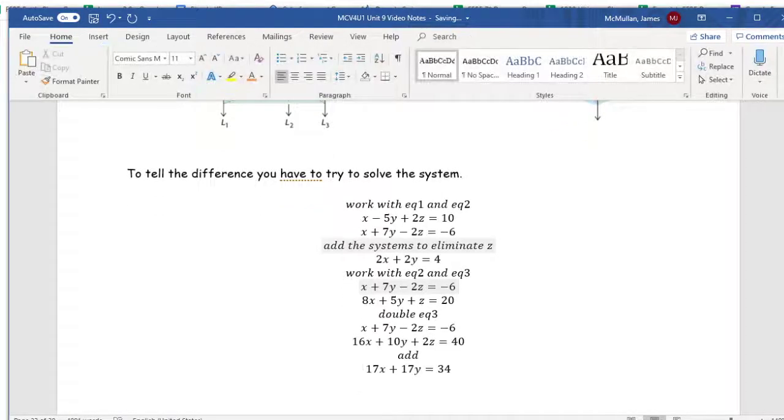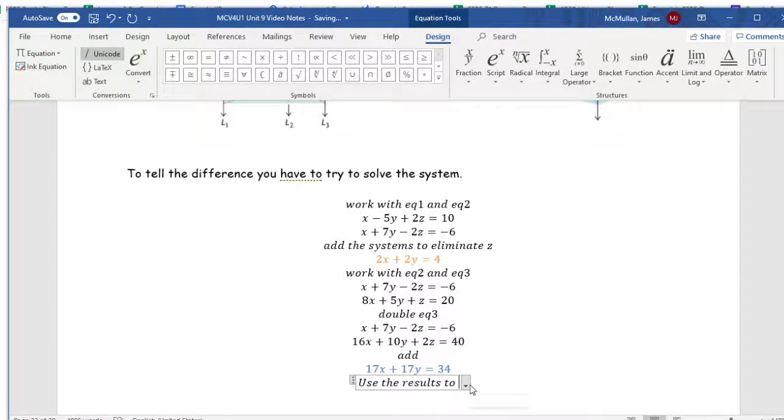Now, this is going to cause us a bit of an issue. Let's call this the orange equation, and we'll call this the blue equation. Once again, we've got to use the results to eliminate another variable.